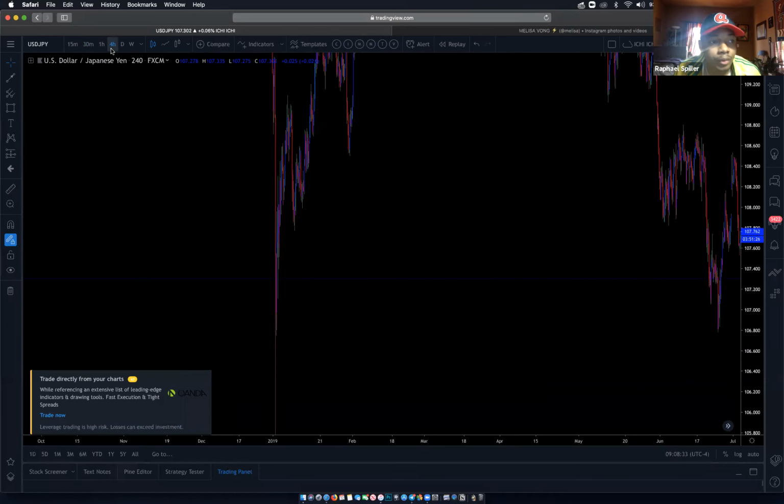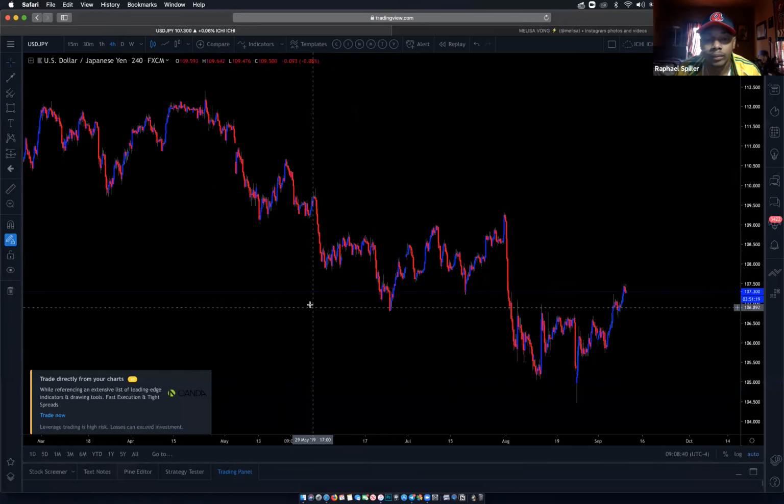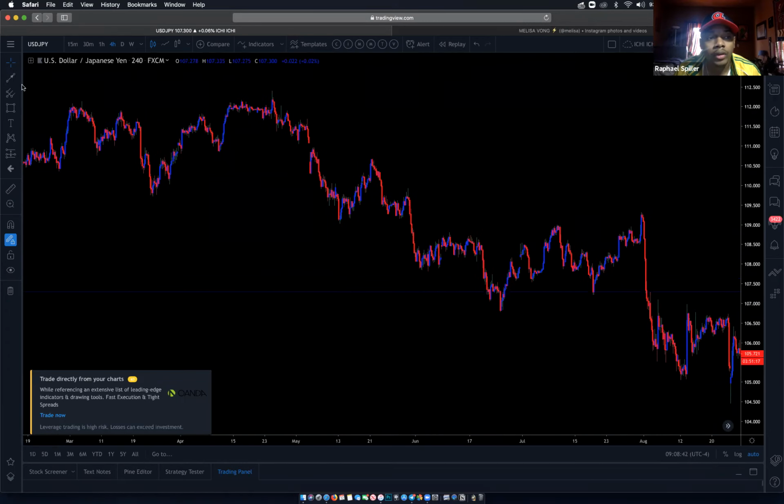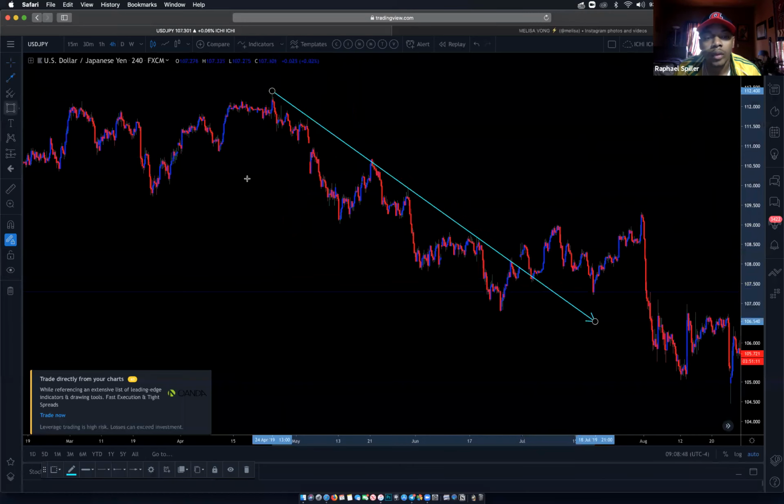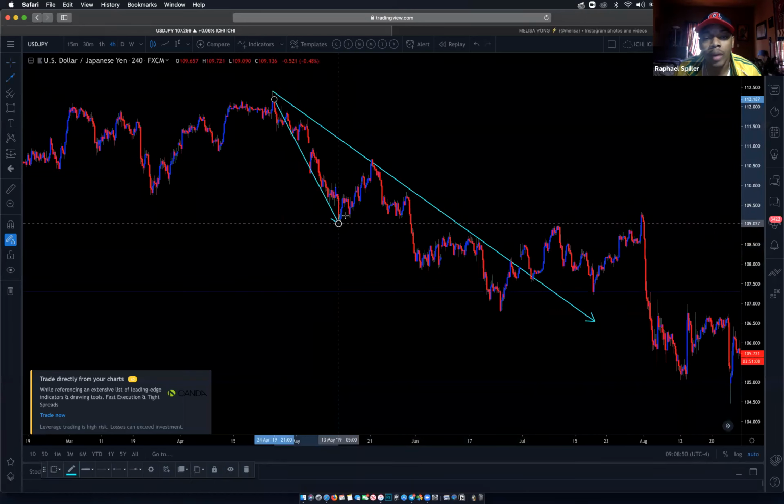Let's go on a higher time frame. You don't get it to the trend line always, but it comes close. Yes, correct. Exactly. So if this is my trend line, price always comes back to the trend line.